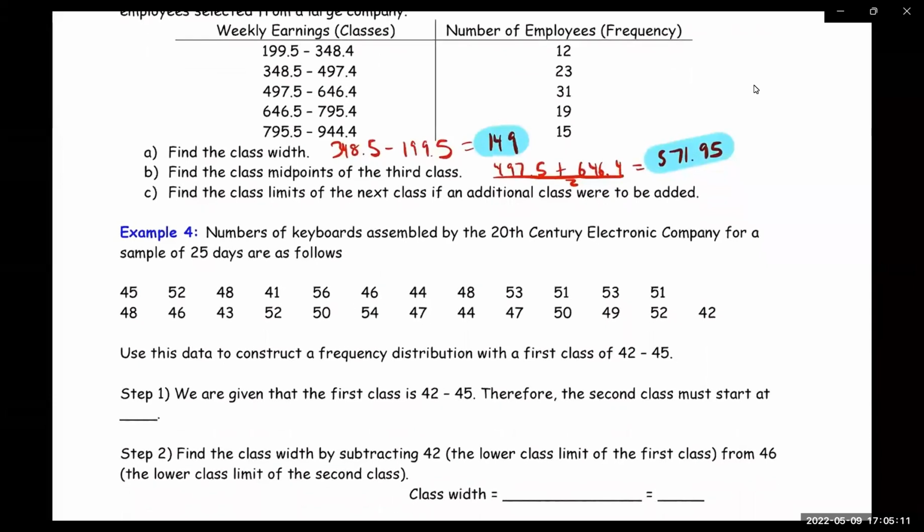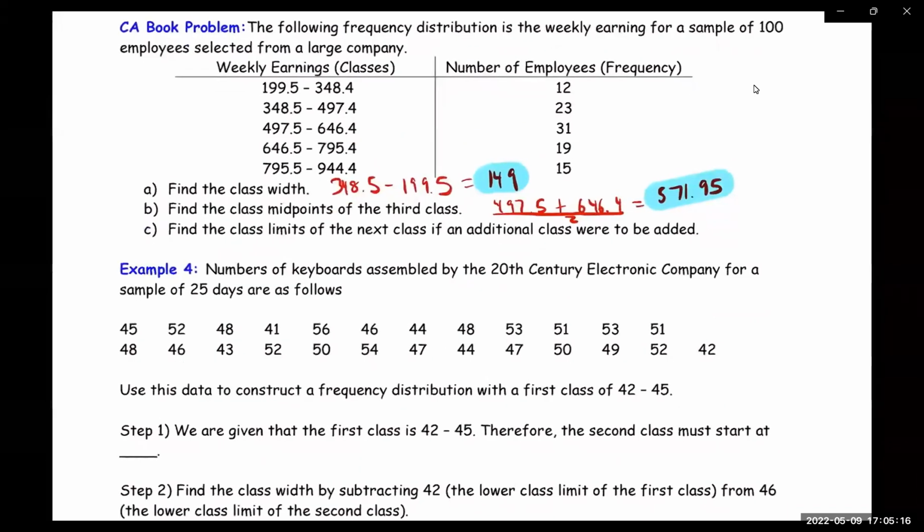All right, find the class limits of the next class if an additional class were to be added. So remember how we did last time? So here's your class width. What would you have to do with the class width to find the next lower class limit? Add it. Yeah, you would add 149 to the lower class limit of the last class. That'll give you the next one.